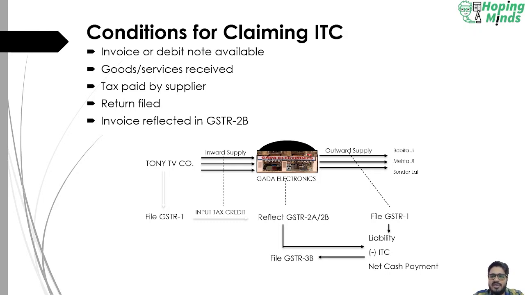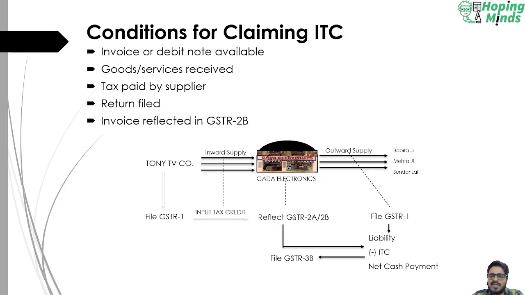relevant month. Now, while filing GSTR 3B return, Gada Electronics will disclose its outward tax liability, which will auto-populate from the GSTR 1 return filed by it, and it will reduce the ultimate tax liability with the input tax credits that is reflecting in GSTR 2B against the supplies from the Tony TV Company Limited.